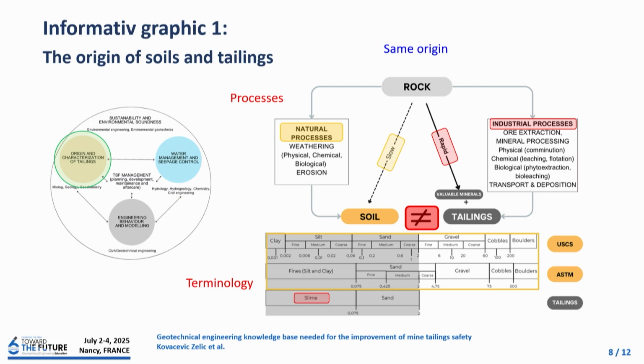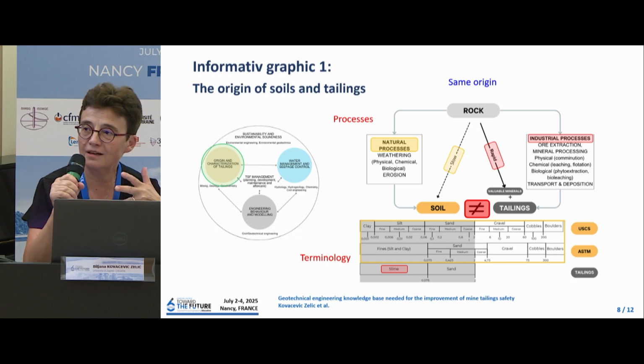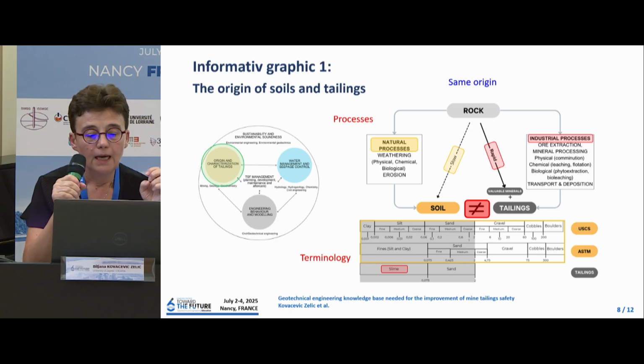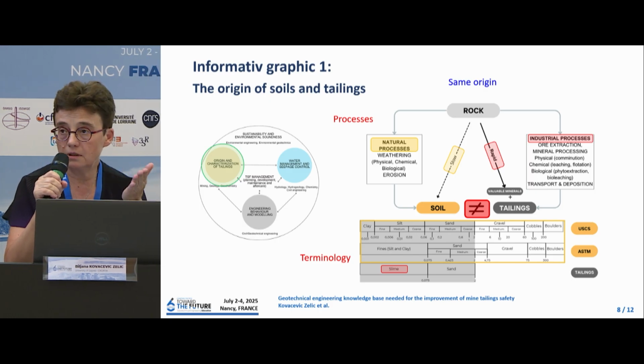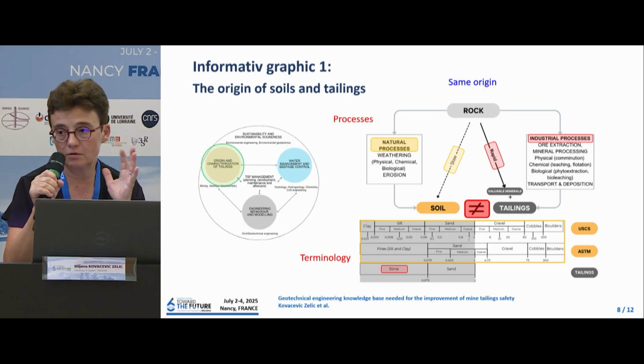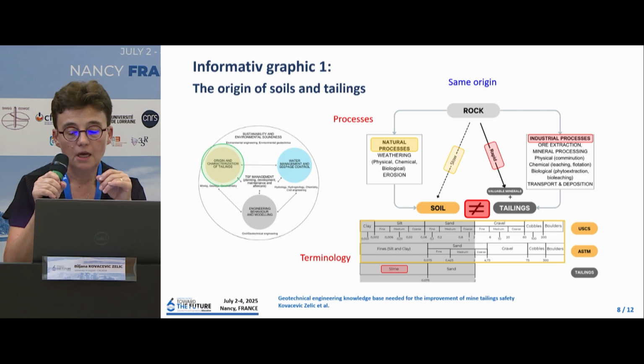So although we have the same parent material, at the end, we cannot say that soils and tailings are the same. And you can also see at the bottom of these graphics that even if we compare terminology, we can see the differences, because in tailings engineering, they are just using the terms slime for fine-grained materials and sand for coarse-grained materials.